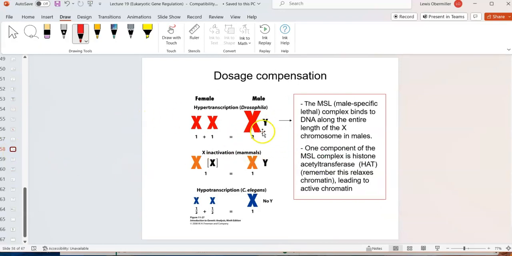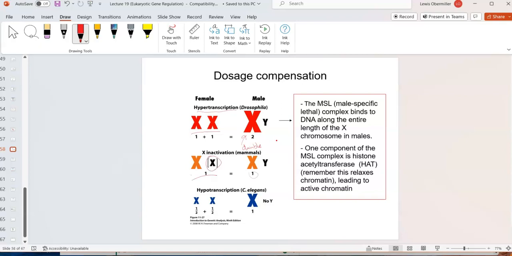Again, this is how we do dosage compensation for the chromosomes. So remember, we have hypertranscription in Drosophila. So this is double expressed in males, right? Because they only have one copy of the X, they're XY. In females, there's two copies. So this is the dosage compensation. In mammals, right, one of these is inactivated.